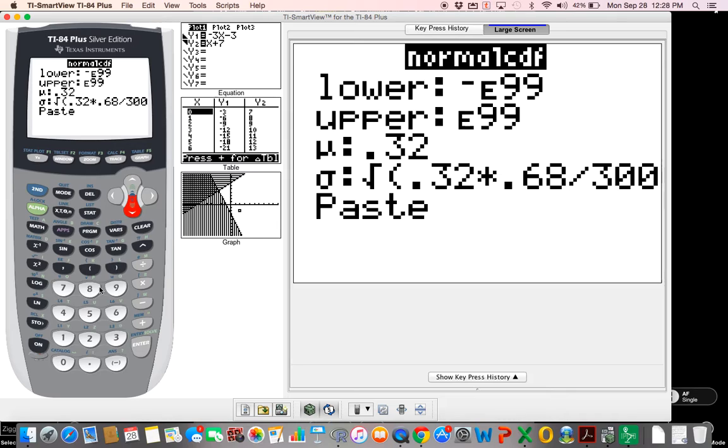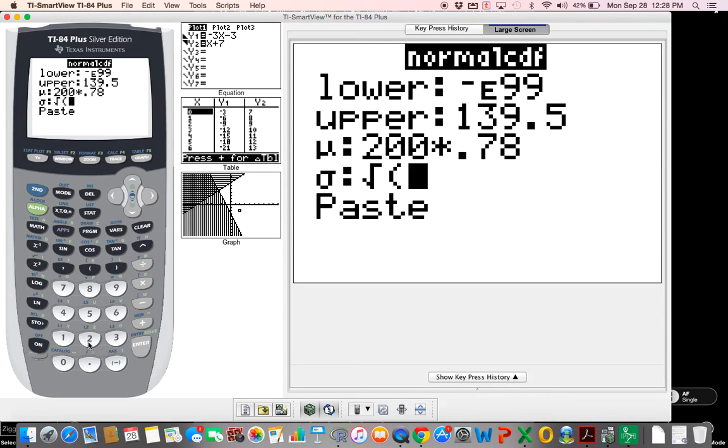Our count is 139.5 because we're looking at less than. Our mean is 200 times 0.78. And our standard deviation is the square root of n times p times 1 minus p.